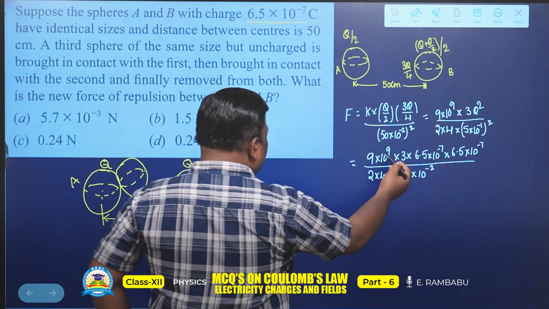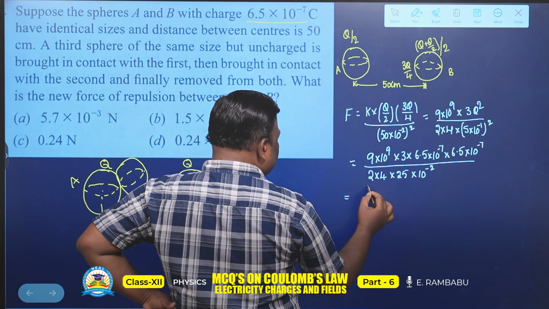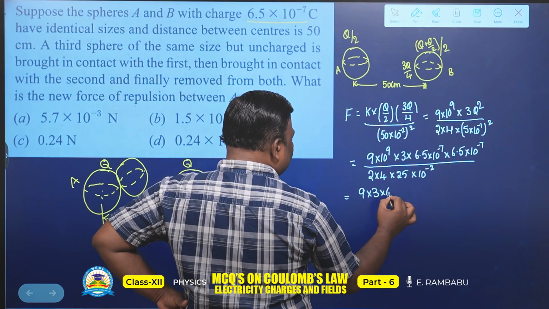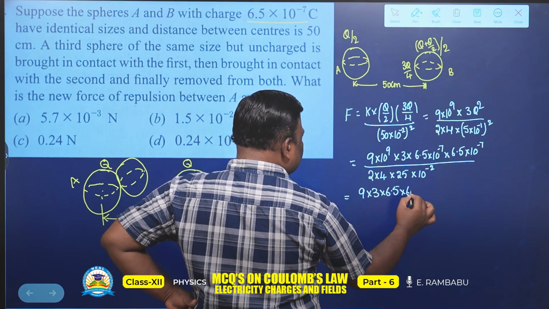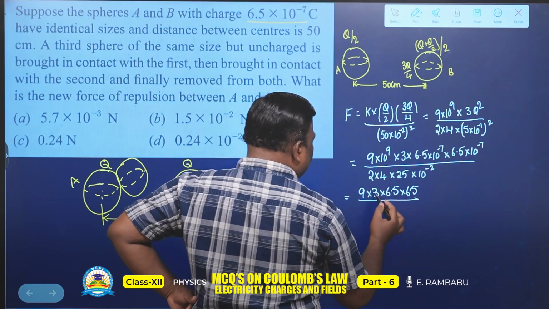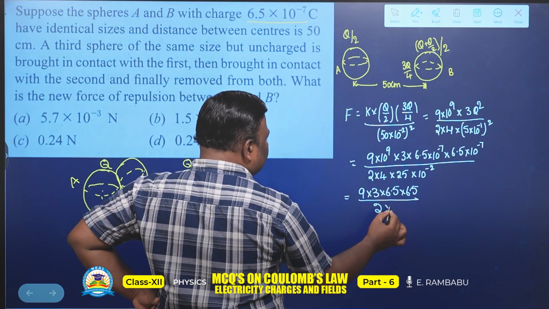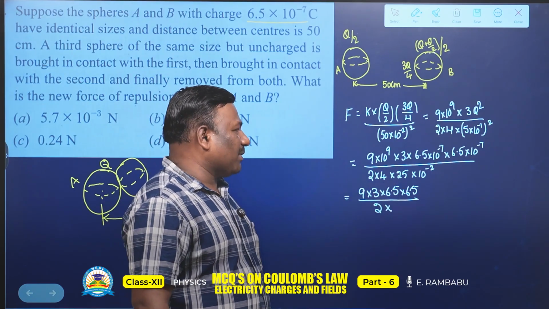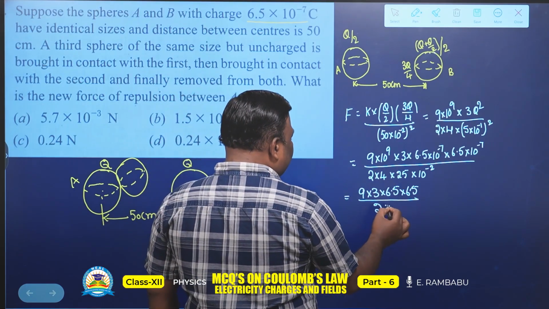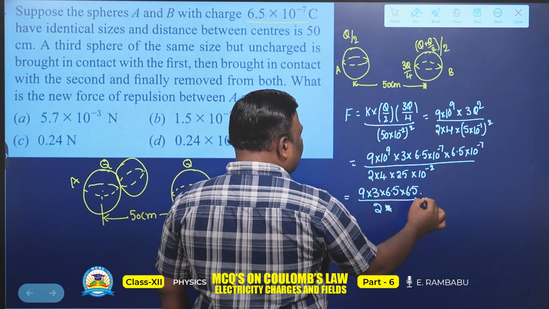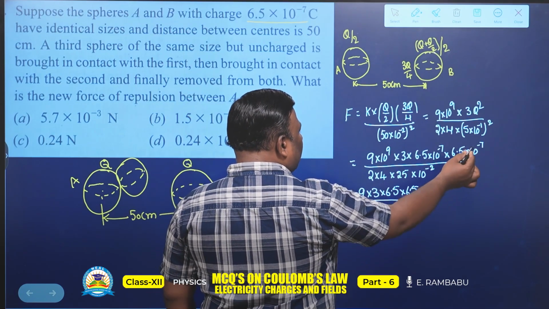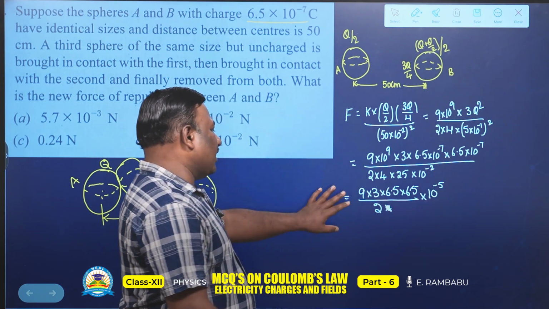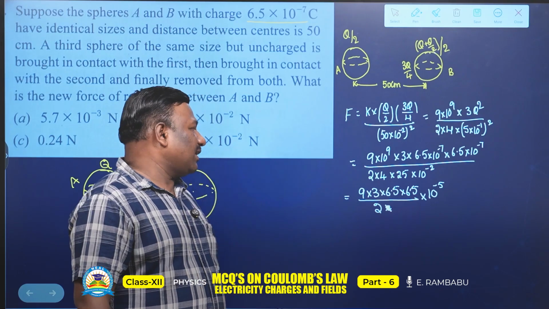Finally, we simplify this as 9 into 3 into 6.5 into 6.5 divided by 2 into 4 into 25 is 100, and 10 to the power minus 2 is cancelled. Finally, the numerator has 10 to the power minus 14 into 9, 10 to the power minus 5. So here you have to simplify this, you will get the answer.